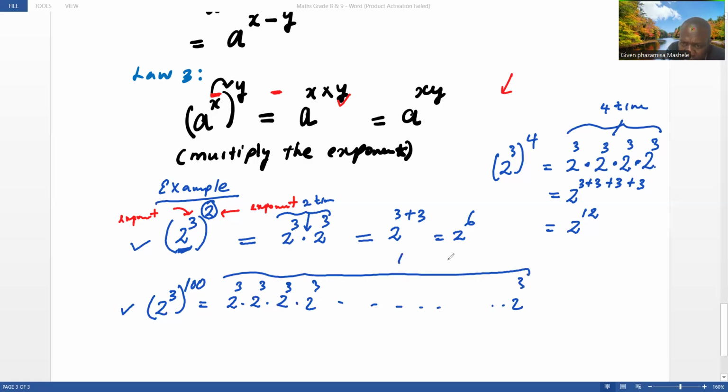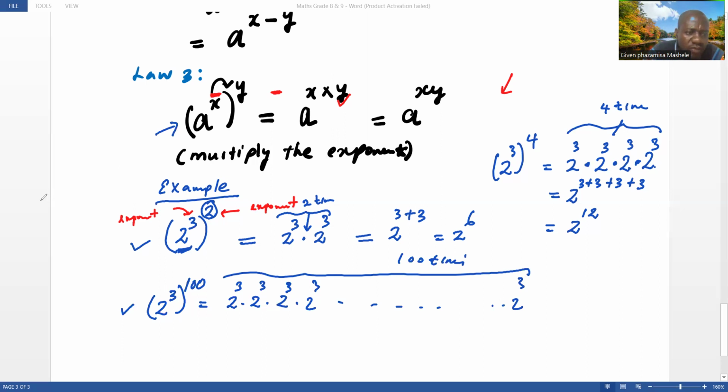So do you think you will finish doing this? The answer is no. So that's why we have to come up with this law that says, as long as you have one base, but the exponents are many, you can just multiply the exponents rather than solving one by one.